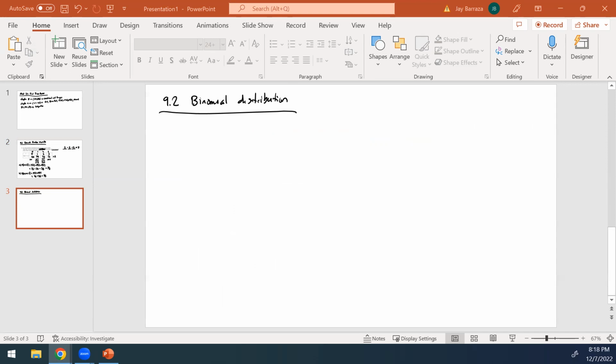But just to remind you of what the formula is, the probability that x is equal to x is equal to n choose k, p to the x, q to the n minus x.